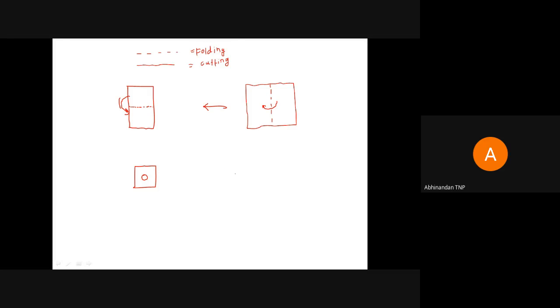This is the folded version of the paper, and here we are cutting it. So we are unfolding it. First of all, we have to unfold it. When you unfold it, you get such a kind of image, and here we have a circle.